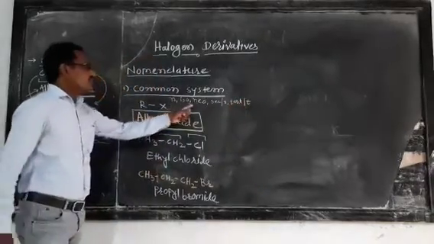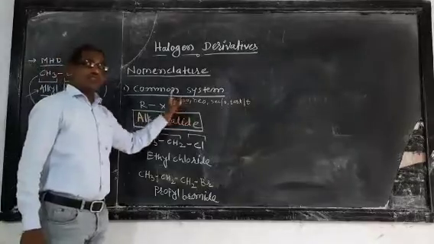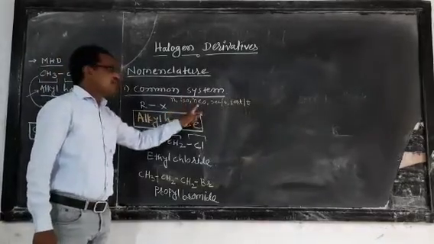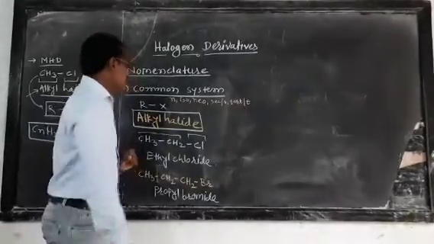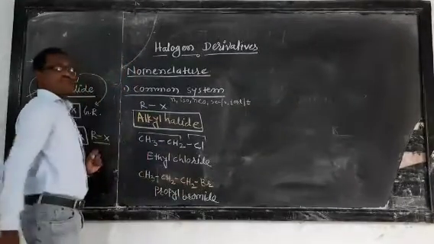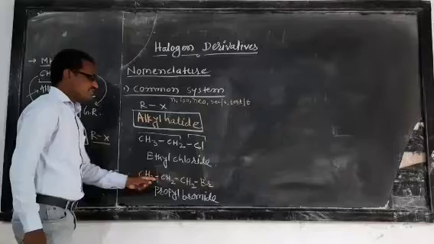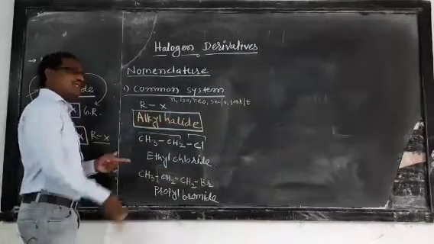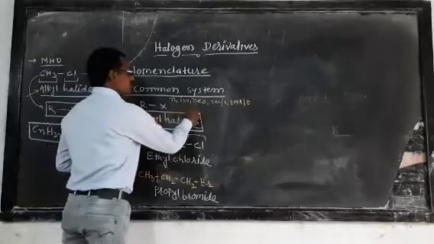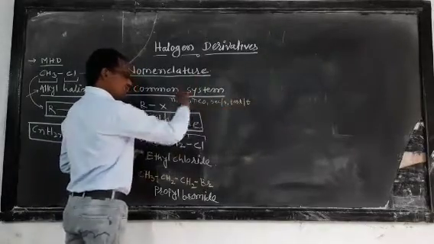The use of these prefixes depends upon the structure of the given example. If there is a straight chain, then we use n. If there is branching, we use iso, neo, secondary, and tertiary.